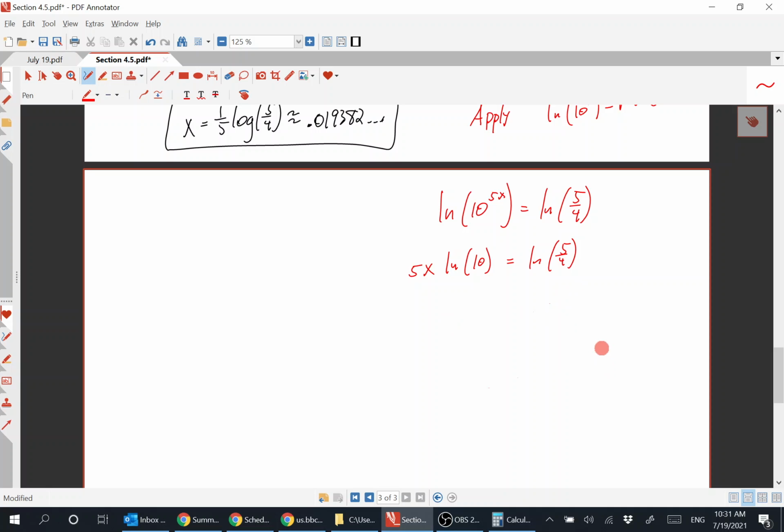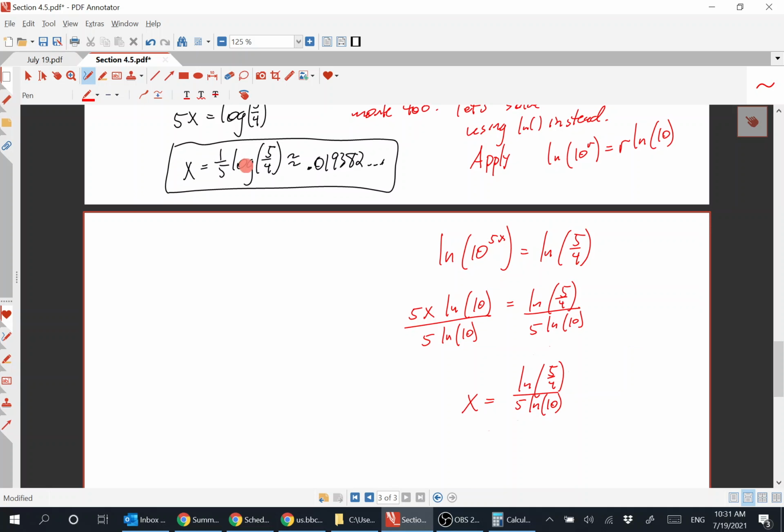It's more confusing this way. So I'm going to divide both sides by 5 times natural log of 10. So x is equal to natural log 5/4 divided by 5 times natural log of 10.